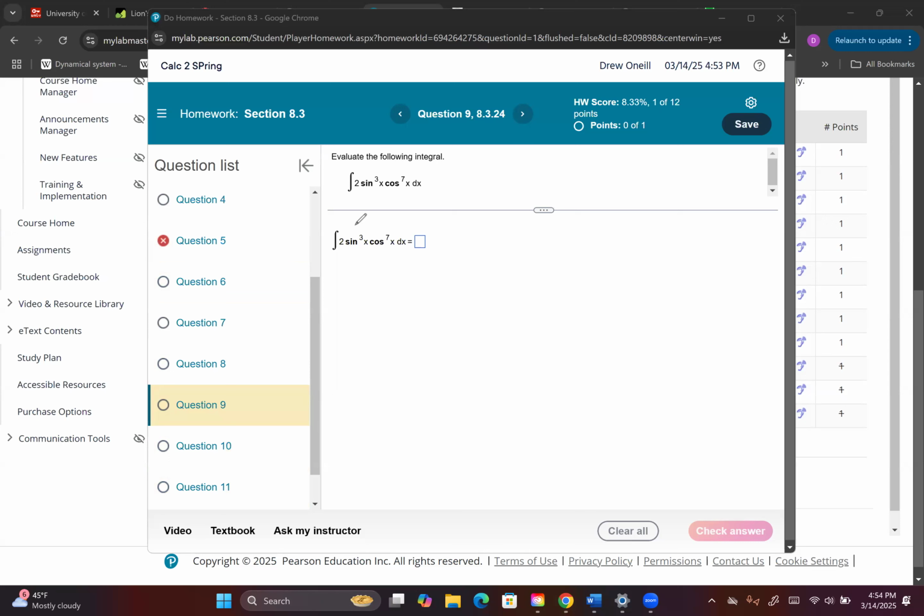But to me, when I see this, let's see. If I wrote, because this is the smaller one, what would that be? Well, again, you're gonna have to play with these. You could say I have sine squared and sine times cos to the 7th. And then I can change this to 1 minus cos squared times sine times cos to the 7th.